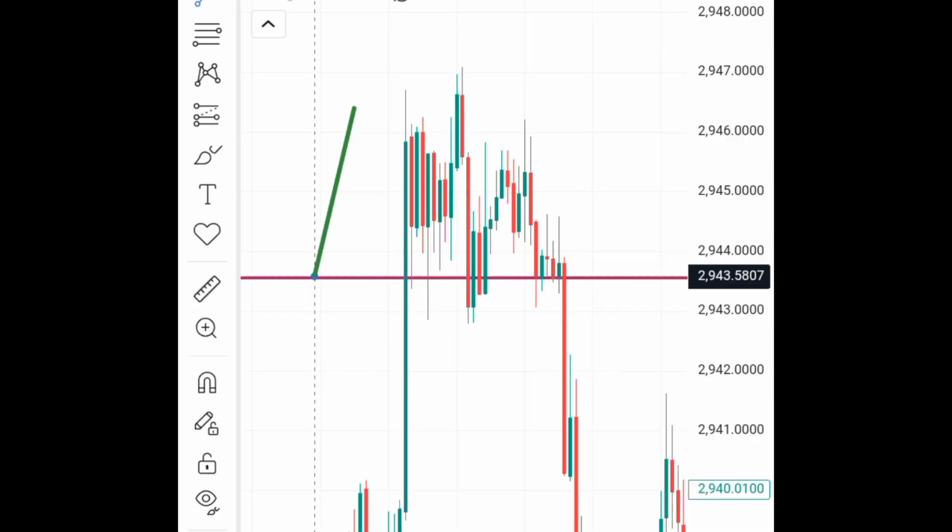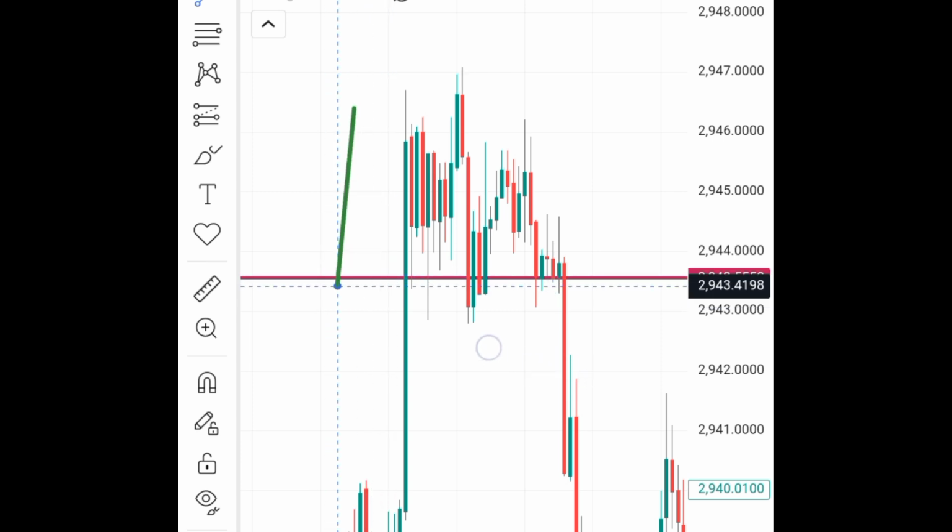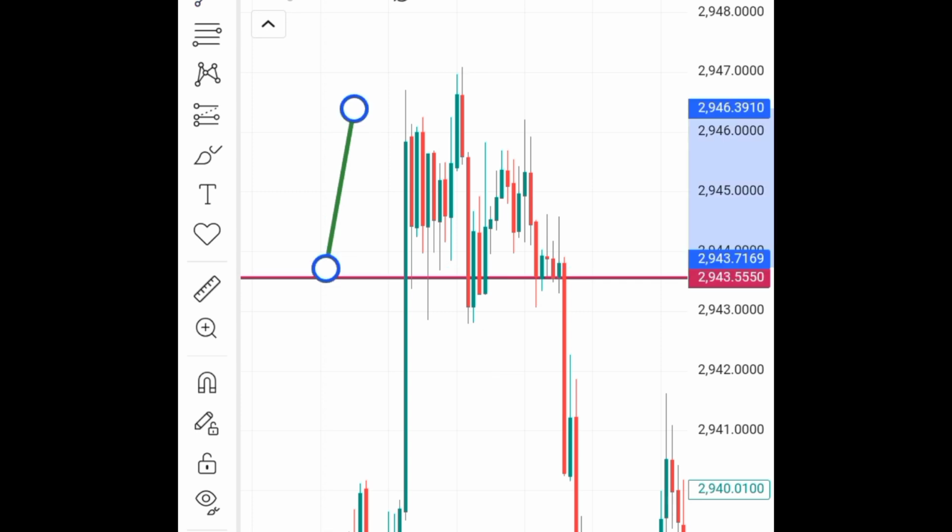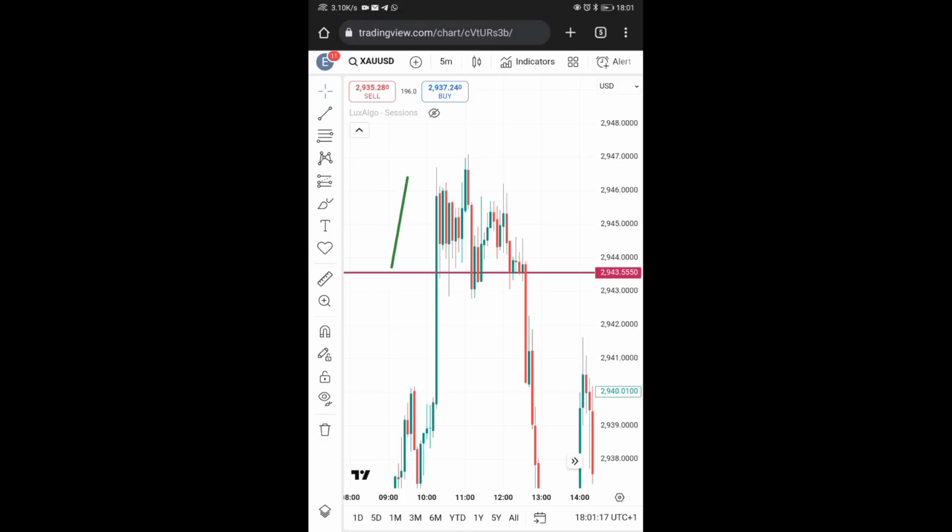So now it's for us to plug in our London sessions indicator. Let me show you guys how you can make use of this very indicator, for those who don't know how to use the sessions indicator. So let us go to add our indicator. The indicator right here is already on my chart, but let me do it with you guys.